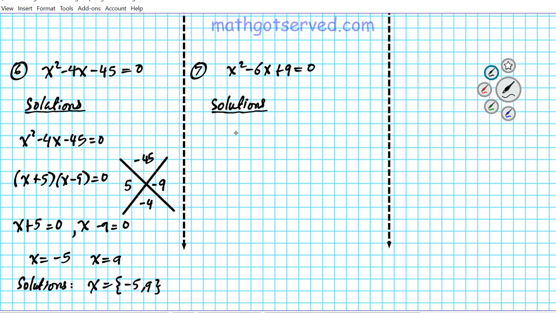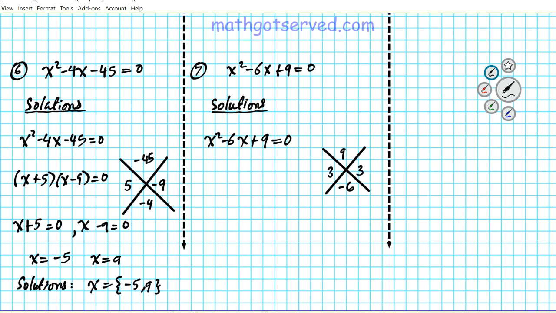All right, so we have x squared minus 6x plus 9 equals 0. There's no GCF that can be factored out, so we're just going to jump right into the x game. In this particular problem, AC is 9, B is negative 6. What two numbers work here? 1 and 9 doesn't work. 3 times 3, oh, absolutely.